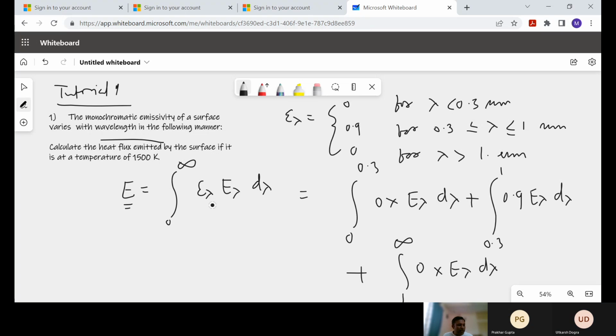That's why the emissive power is multiplied by the emissivity. Of course you can calculate sigma T to the power 4, but that will be for a black surface. That's why we have multiplied the individual emissivities.